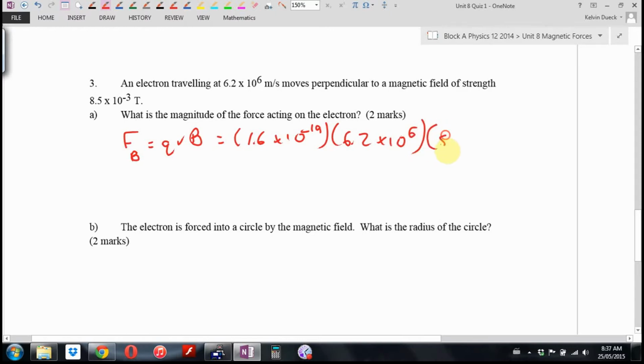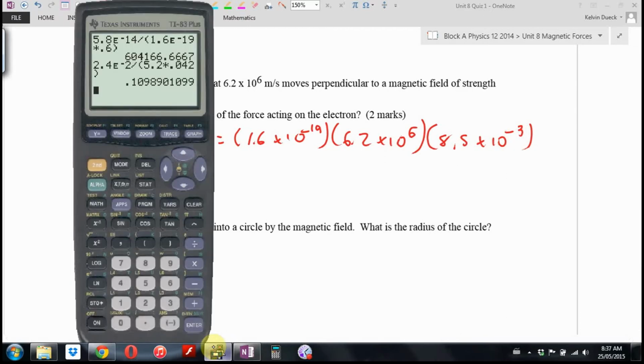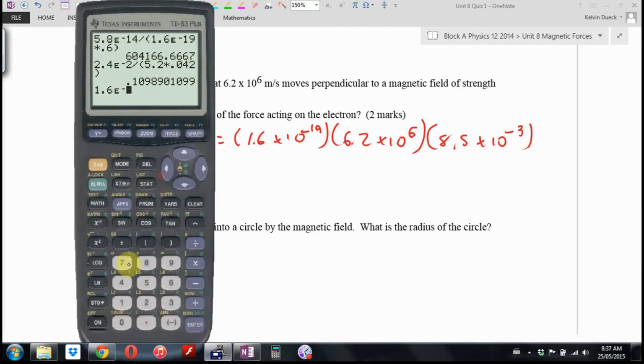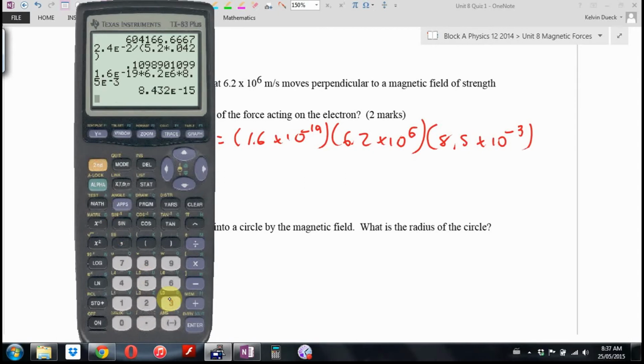B, 8.5 times 10 to the negative 3. The magnetic force acting on it, 1.6 times 10 to the negative 19, times 6.2 times 10 to the 6, times 8.5 times 10 to the negative 3. Is that right? 8.4 times 10 to the negative 15 newtons?